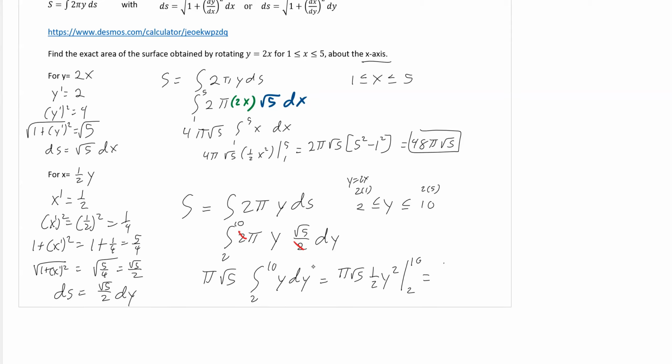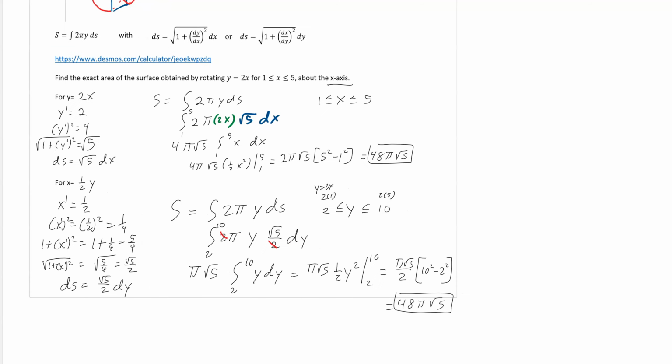So this is pi rad 5 over 2. And then we would do 10 squared minus 2 squared. And so that would be 100 minus 4 is 96. 96 divided by 2 is, you guessed it, 48. So we get 48 pi rad 5, exact same answer as we have there.